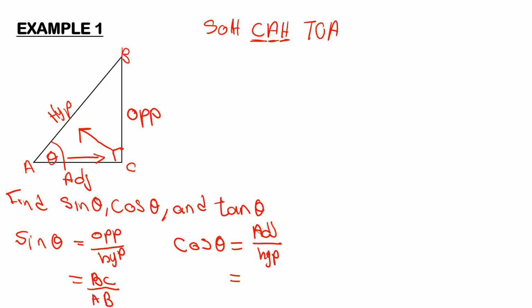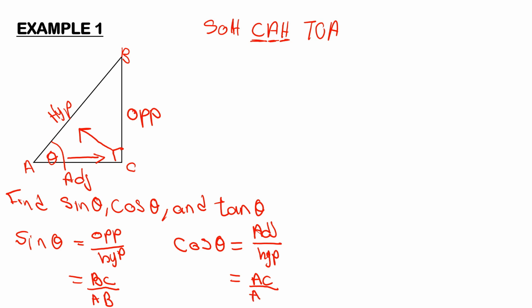What's our adjacent? From A to C, we have discovered that it is our adjacent. So it is AC. And our hypotenuse, we have found that it is from A to B.